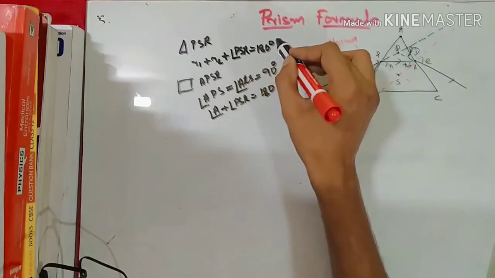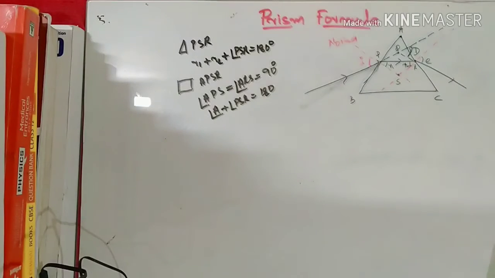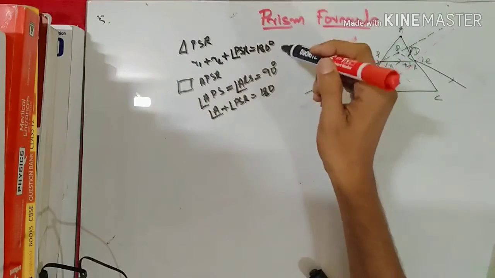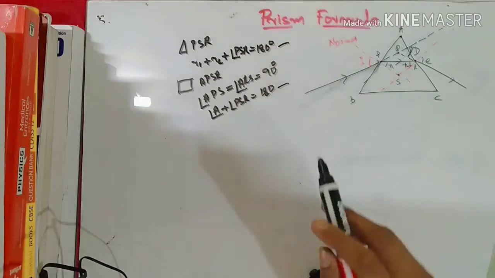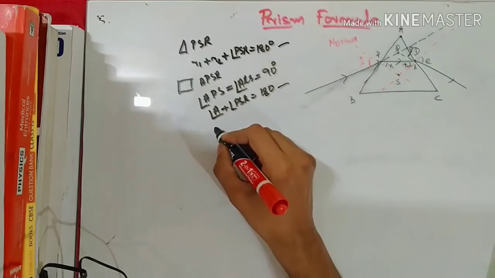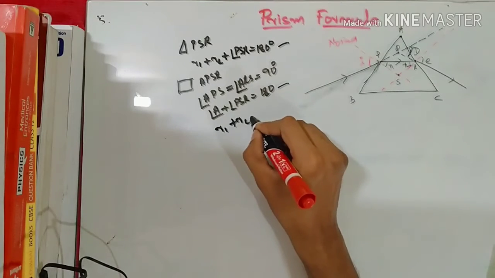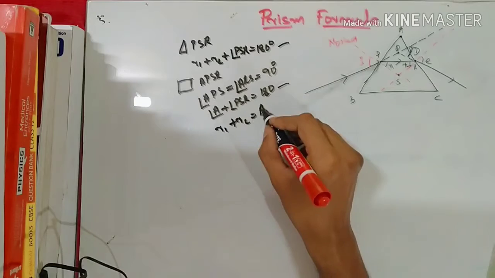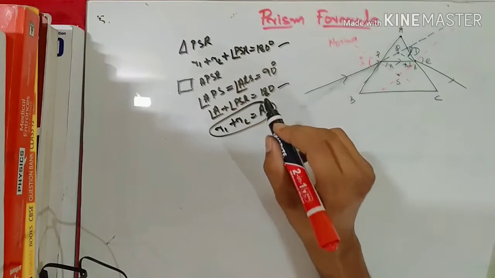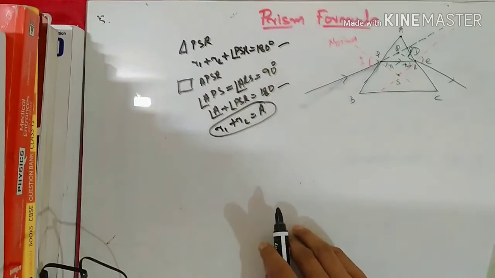Then comparing these two equations, let me take this as equation 1, this equation and this equation. We will get R1 plus R2 is equal to A. This is an important equation that we have to use in the later part of the derivation. R1 plus R2 is equal to A.